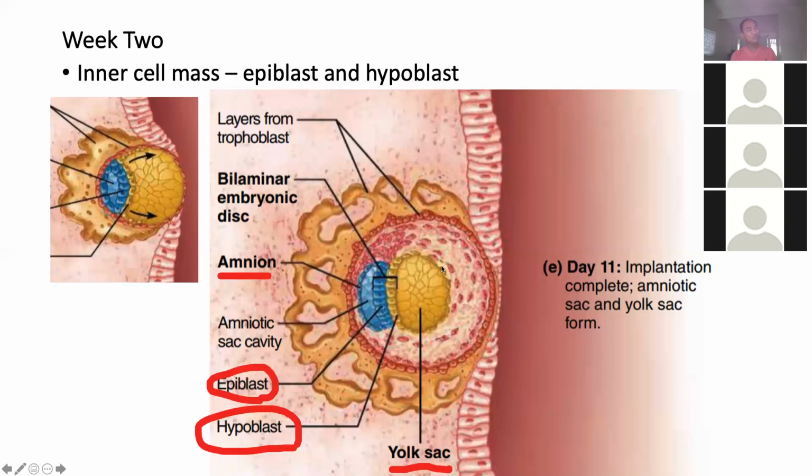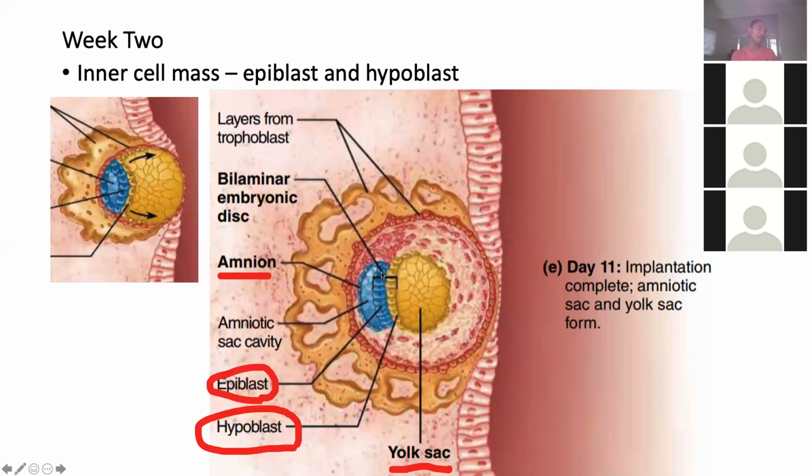And the cell which goes outwards and creates the yolk sac is called the hypoblast. So the 2 layer germ disc, we will call epiblast and hypoblast. When it comes to 3 layer, we will call ectoderm, mesoderm, and endoderm. So at 2 weeks, these 2 layers are called epiblast and hypoblast.